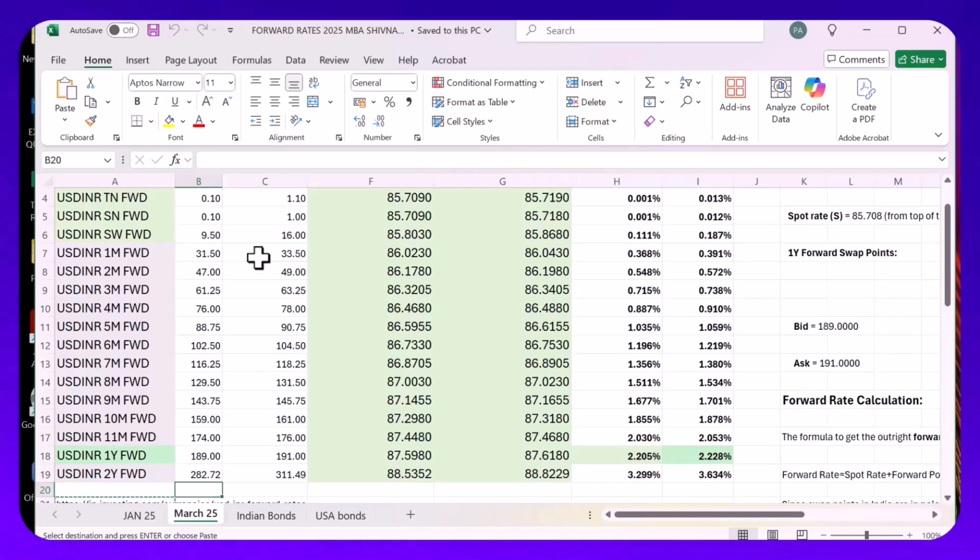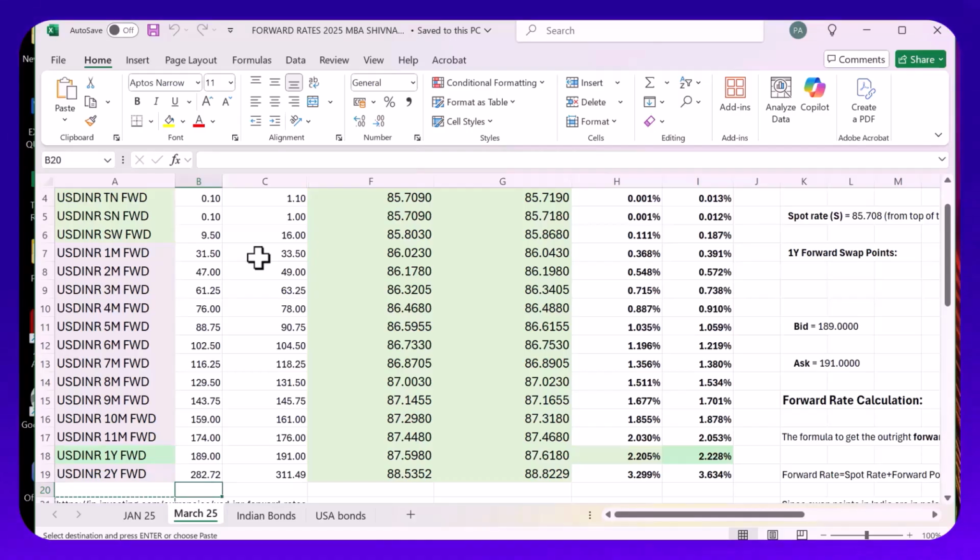So now we know that after, let's go back and see, after 1 year, what is the rate? Just for explanation, because 1 year becomes very easy to explain. So the 1 year forward rate is 189, 191. Okay. So I converted these rates. What will be the rate after 1 year? Put your cursor on this and you will find a formula there at the top. How have I converted?